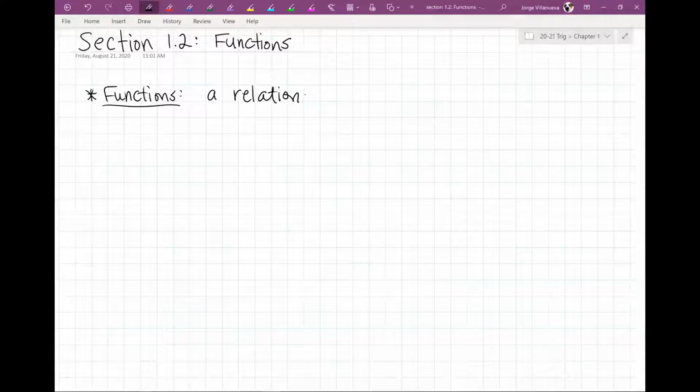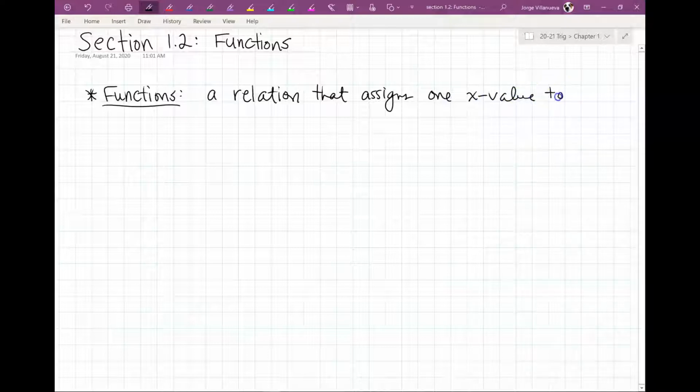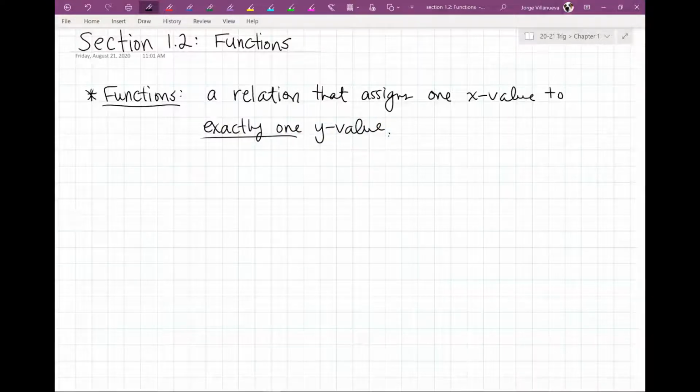So a function is a relation that assigns, so that means this relation has a specific direction to it, one x value to exactly one y value. It assigns one x value to exactly one y value.